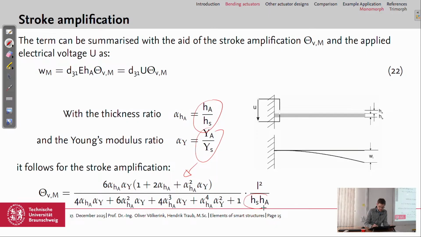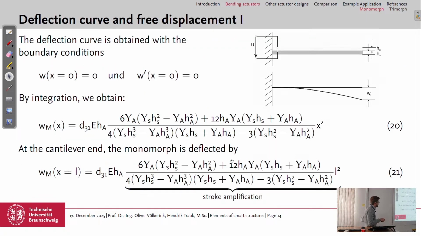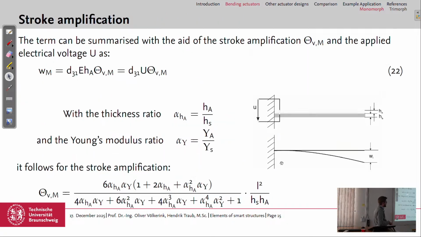And still the thickness ratios. I always have to click so that I can change the slides. So we took this equation as the stroke amplification and replaced Young's modulus and most of the thickness values with these ratios, and with that we have this equation for the stroke amplification.